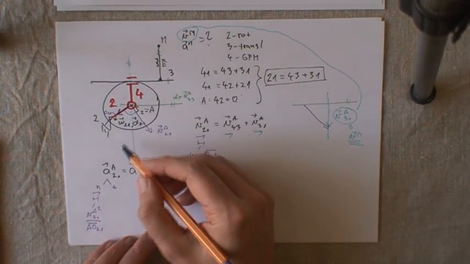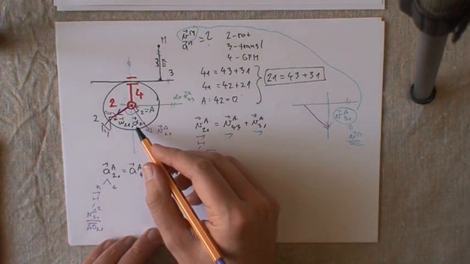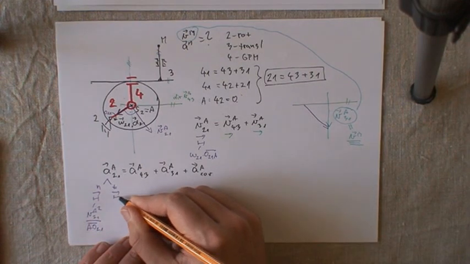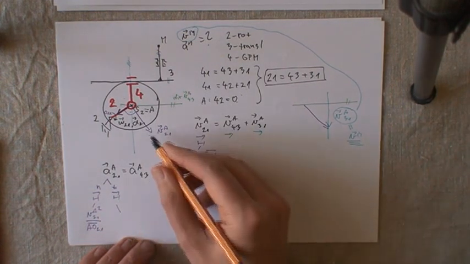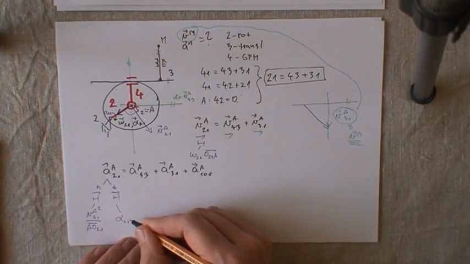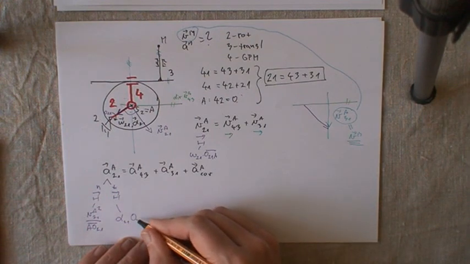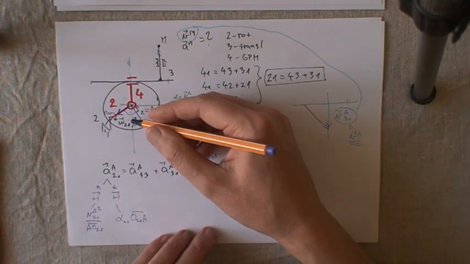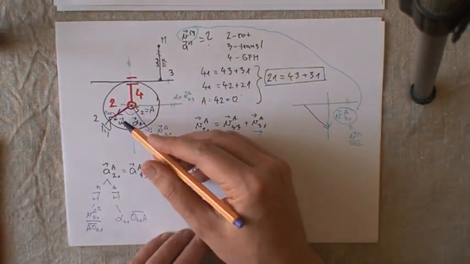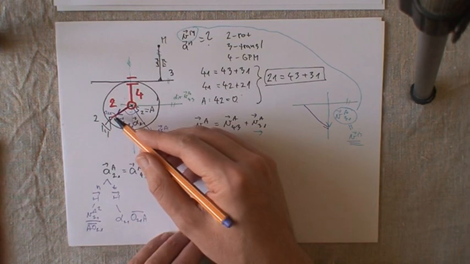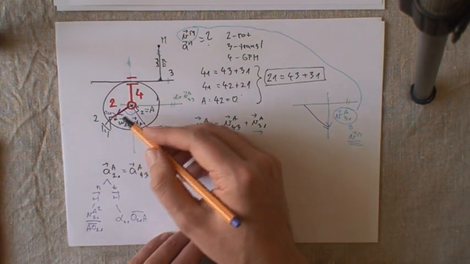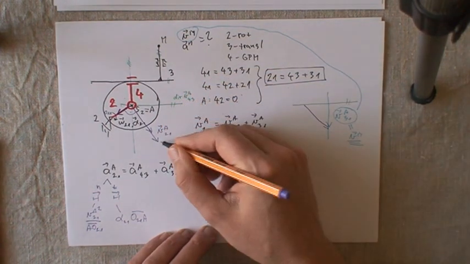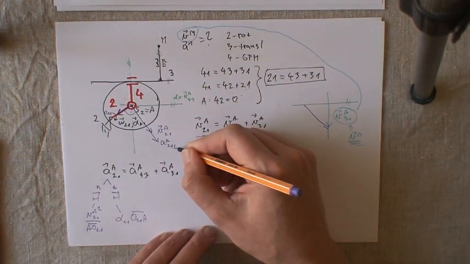The tangent component depends on alpha and the distance. Therefore, we know it again. The magnitude being alpha 21 times the distance, which is O21A. And okay, I didn't put at the beginning where it goes, so let's assume that it's also going in the clockwise direction. So for example, this will be AA21 tangent.